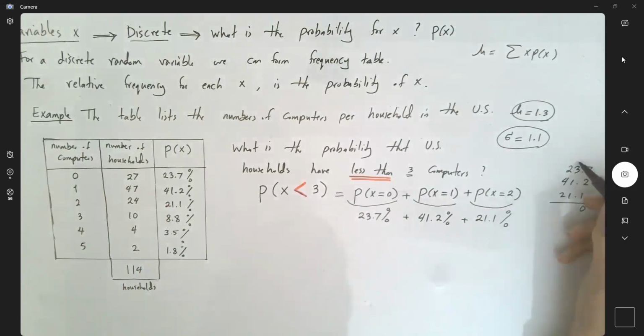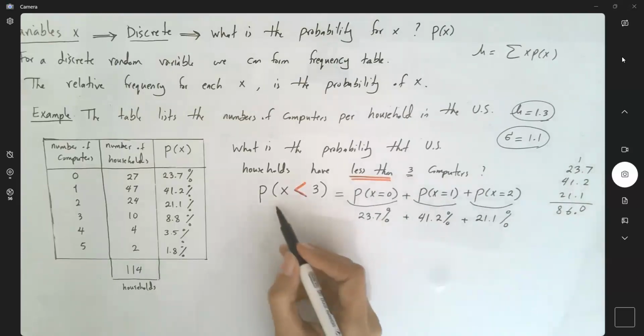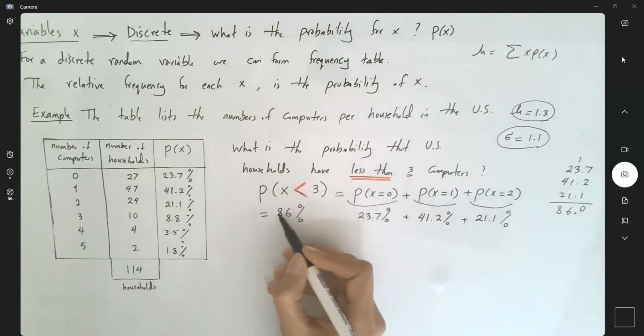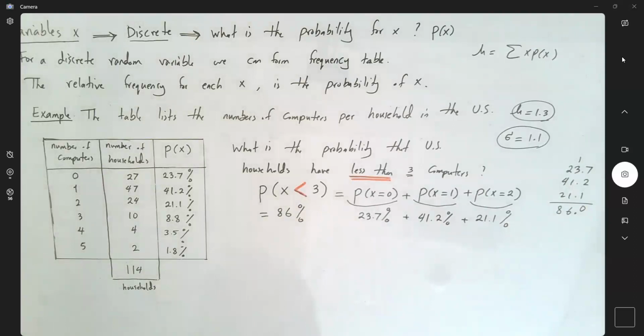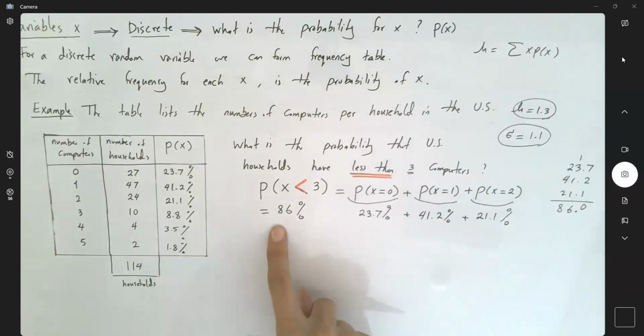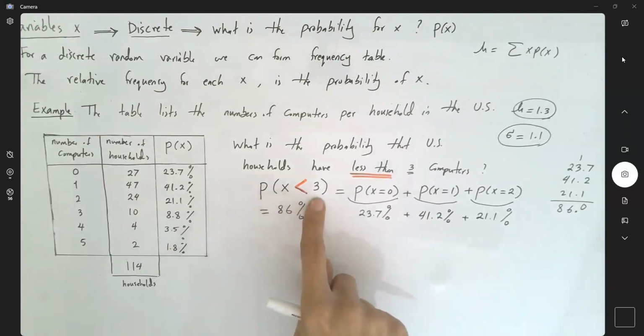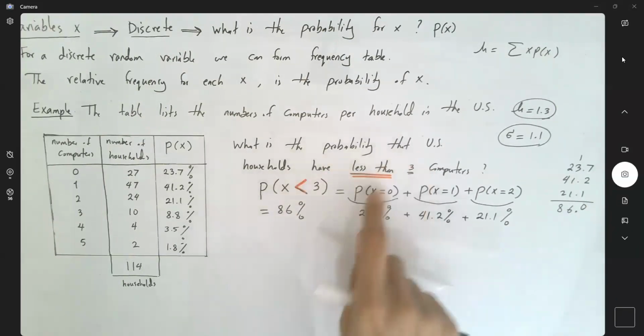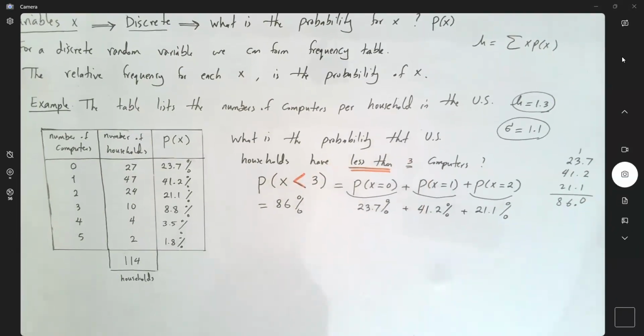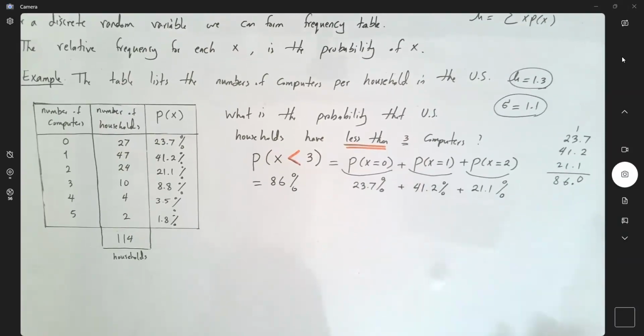This probability is 86%. So 86% is the chance that a US household has less than 3 computers at home. You can play around with these words. You can ask this type of question.